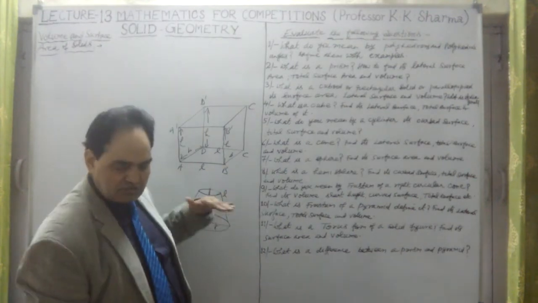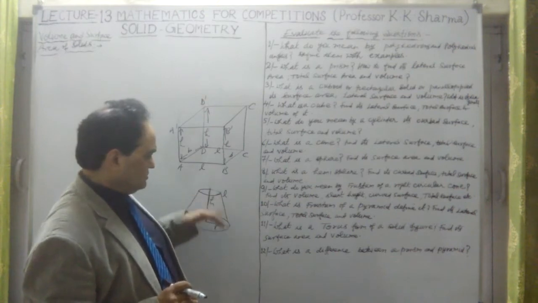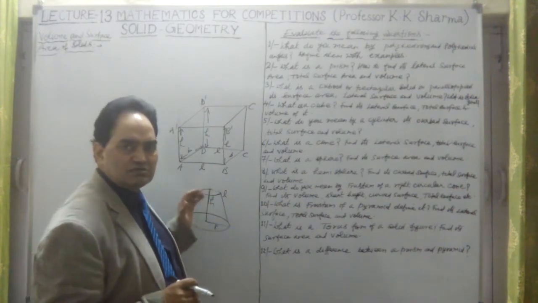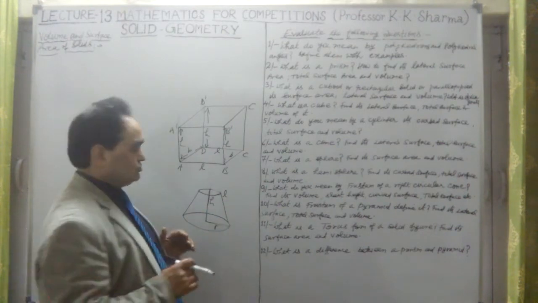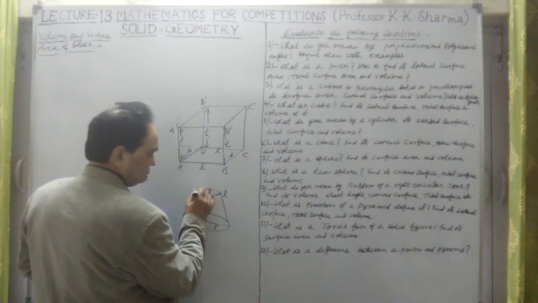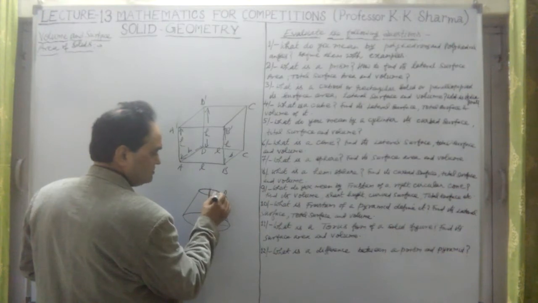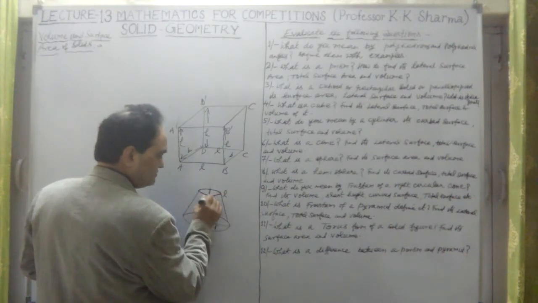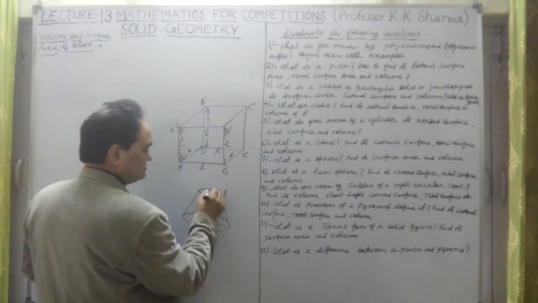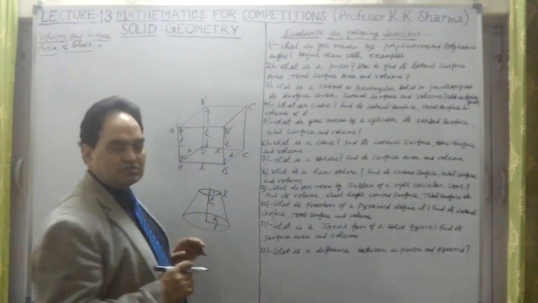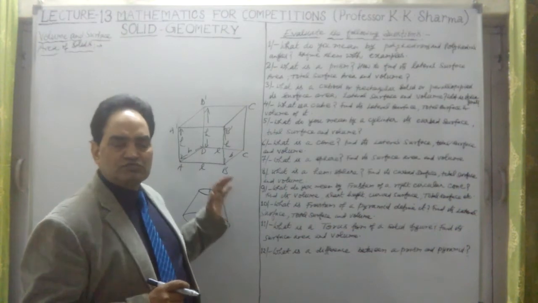The cone has been cut from above. What is the volume of this? What is the surface area of this? What is the lateral surface? What is the total surface area of this? So we take the top circle and the base circle radii. Let me take capital R for one and small r for the other. Then we find out the area, volume, and surface area.